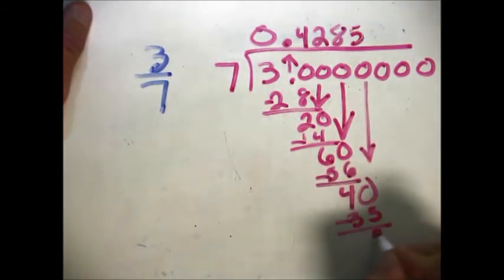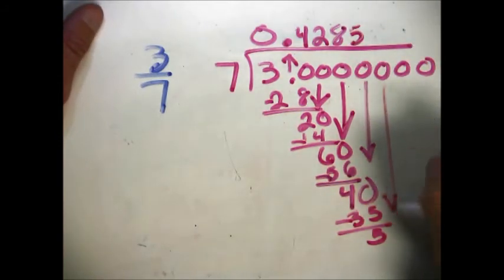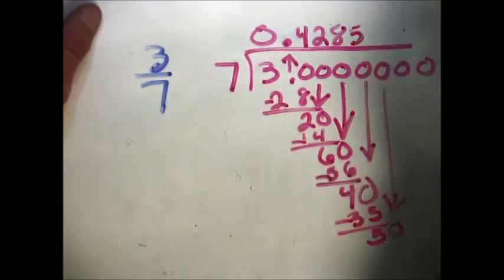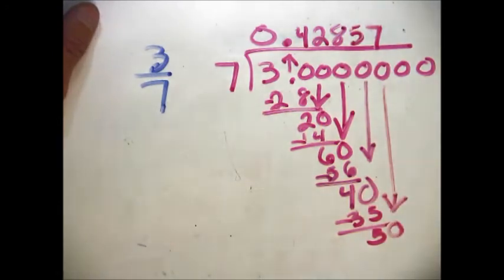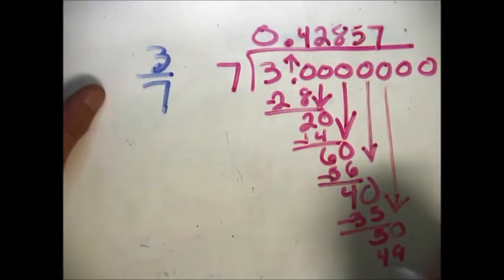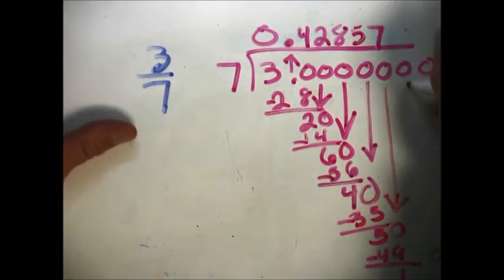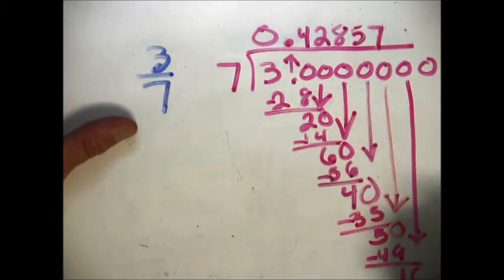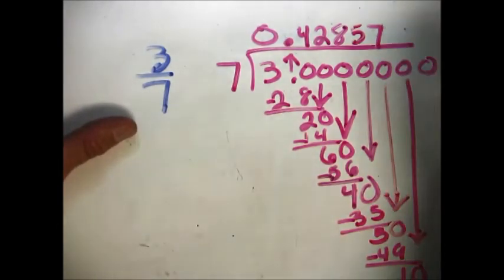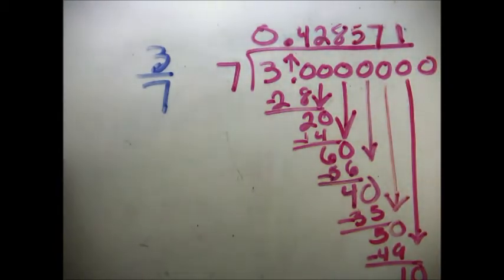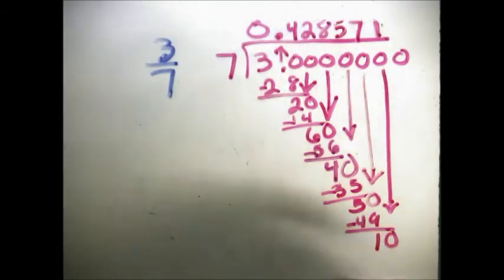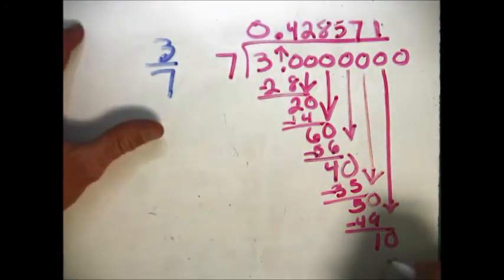35. Subtract. Bring down your 0. 7 goes into 50 7 times. 49. Subtract, 1. Bring down your 0. 7 goes into 10 one time. 7 times 1 is 7.